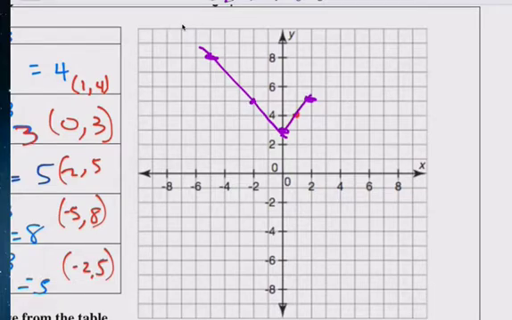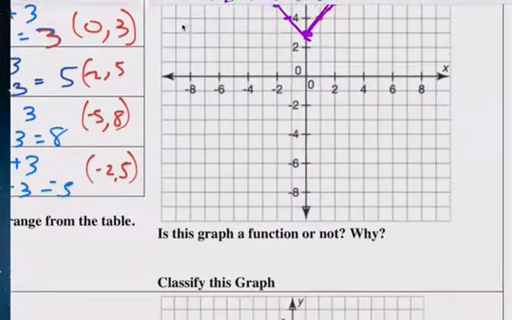Notice that negative 2 and 2 give the same height. So if you do negative 5 and positive 5, it should be the exact same, and you create this nice V shape. Okay?